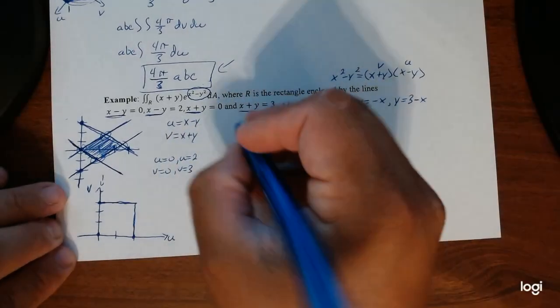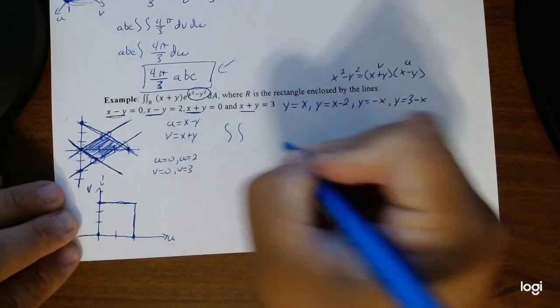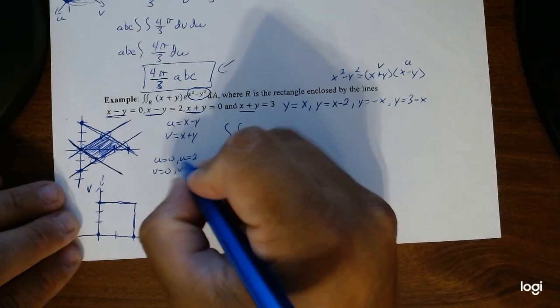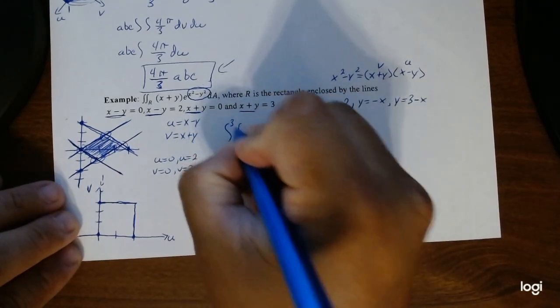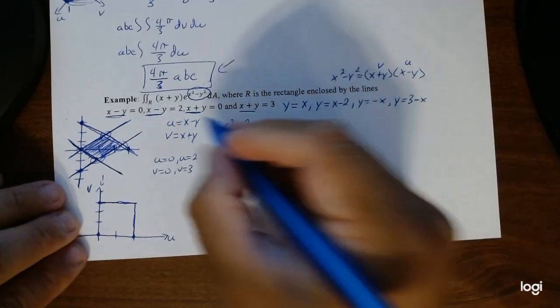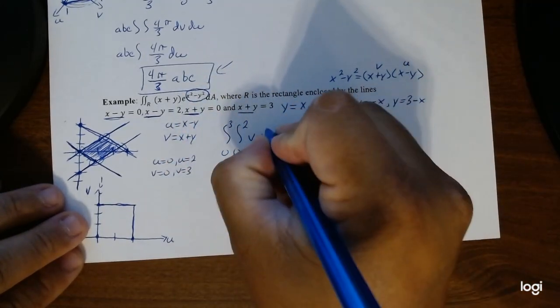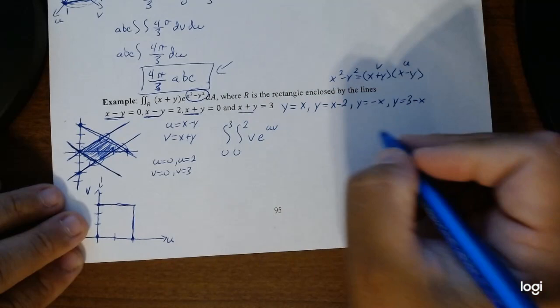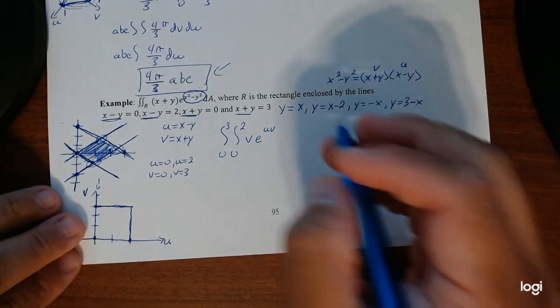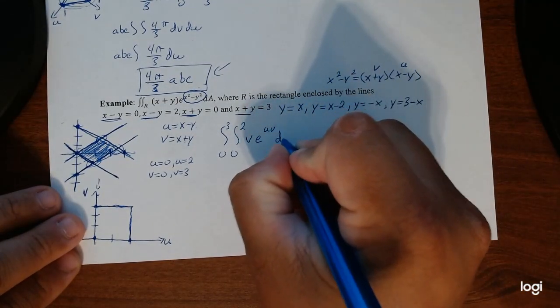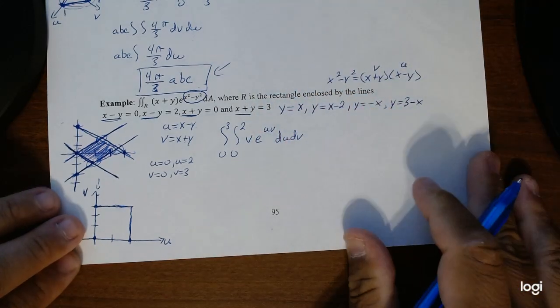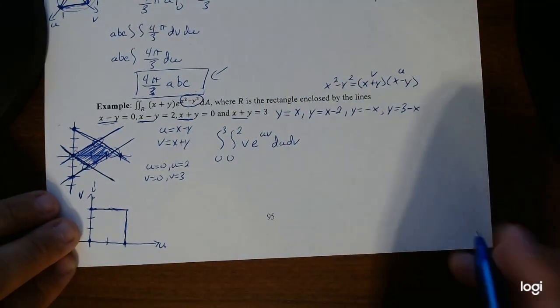This gives us our bounds already. So we'll do u first, so this goes from 0 to 2, and v from 0 to 3. Our function, x plus y was v, so it's e to the u times v, times our Jacobian, which we'll get right now, du dv.